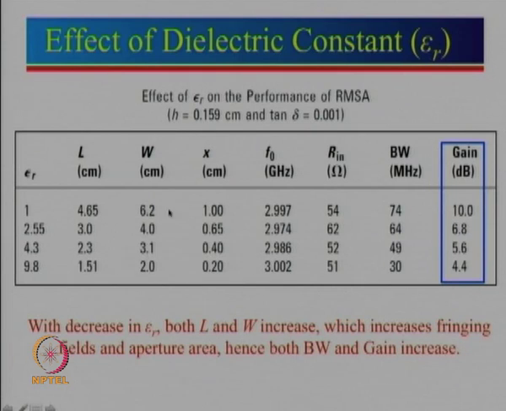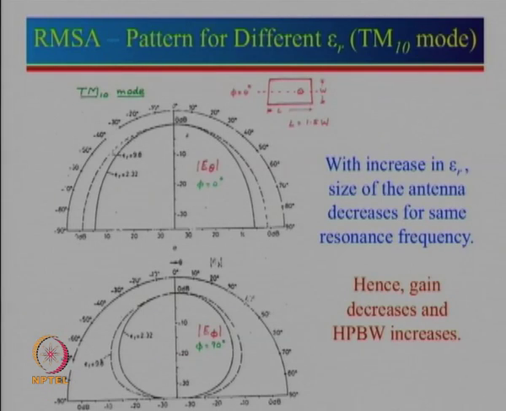You can see that the aperture area is L multiplied by W, which is much larger. So because of the larger aperture area we get more gain, and because of more fringing field we get better bandwidth. So now let us see a radiation pattern for different modes.